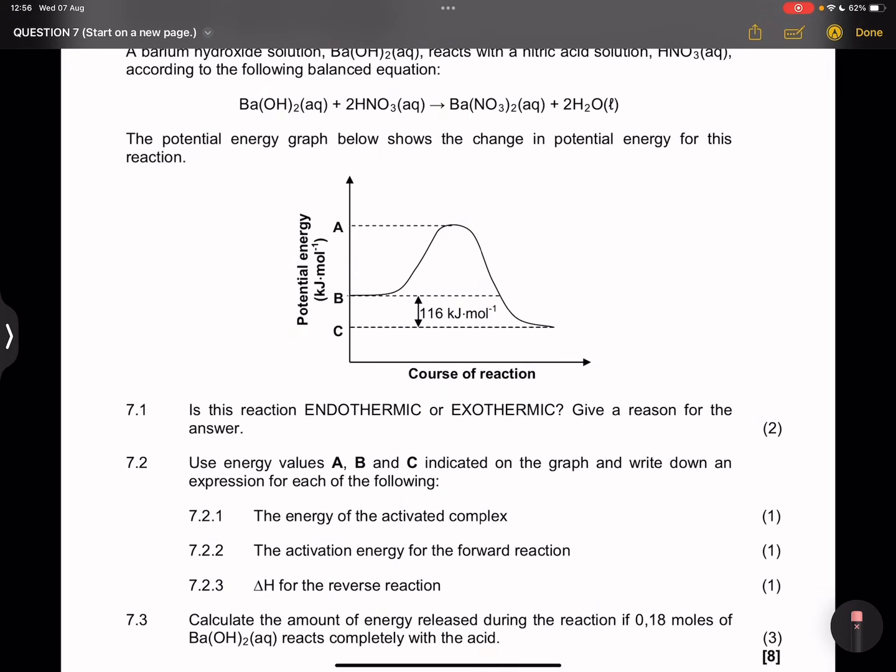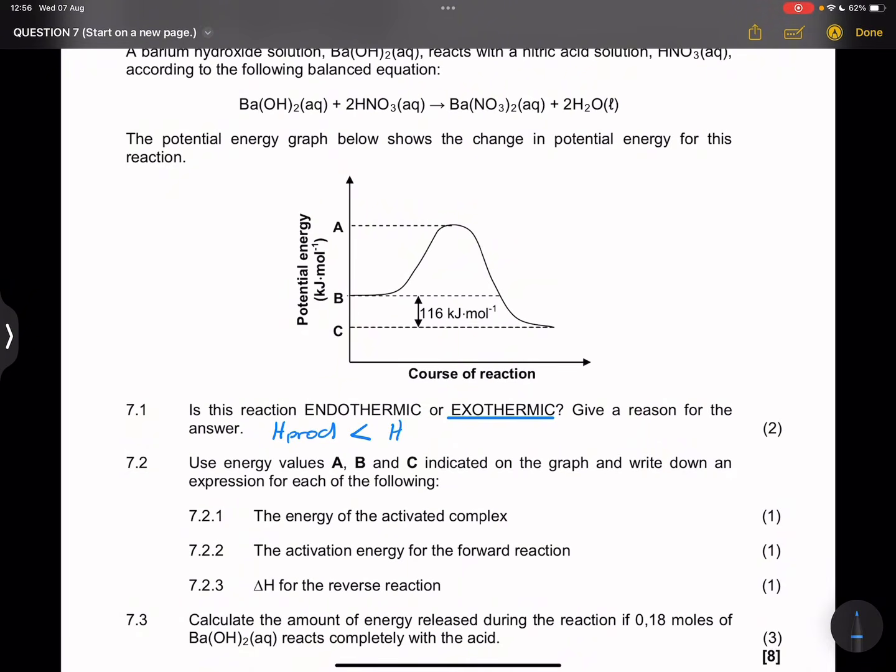So they are asking in 7.1, is this reaction endothermic or exothermic? Our answer is definitely going to be exothermic. And they want us to give a reason for this answer. So we can say the energy of the products is less than the energy of the reactants.